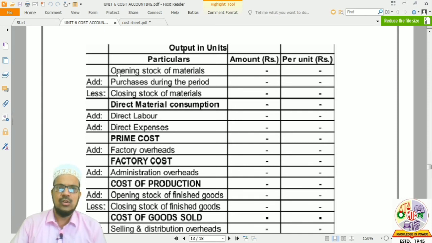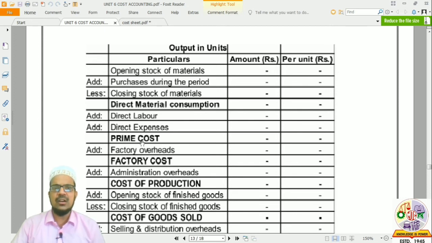So opening stock of materials plus purchases during the period less closing stock will give you direct materials. Direct materials, direct labor and direct expenses will make up the prime cost of the product.